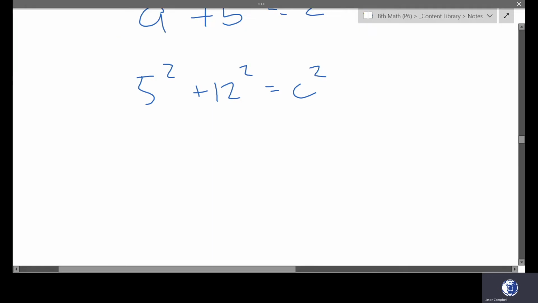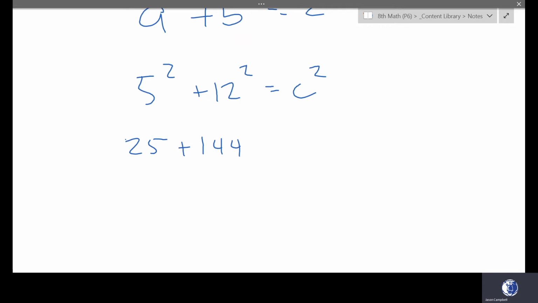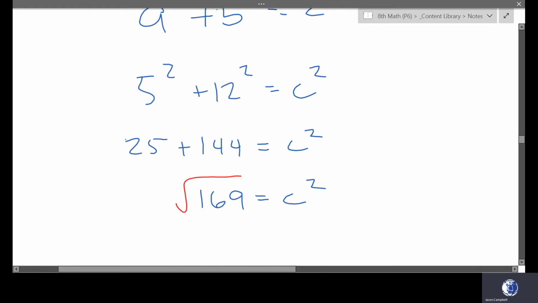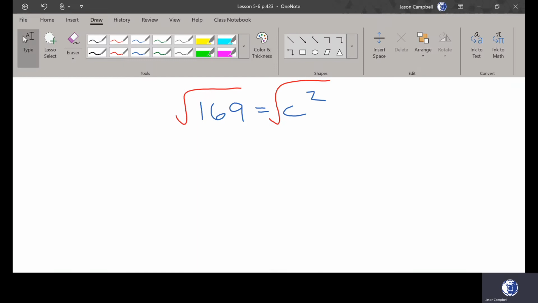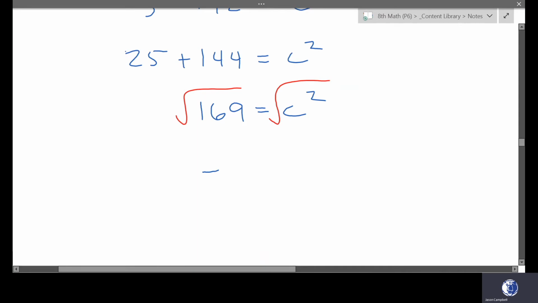5 squared is 25. 12 squared is 144 equals c squared. 25 and 144 make 169. And the square root of 169 is positive or negative 13.